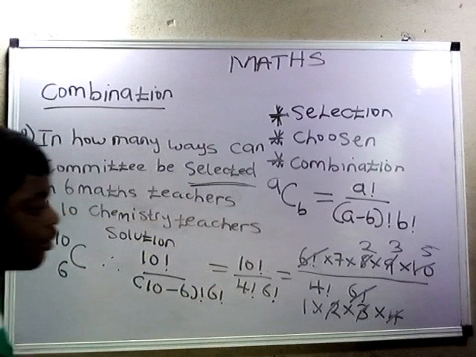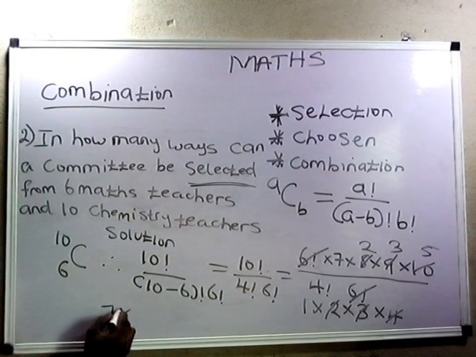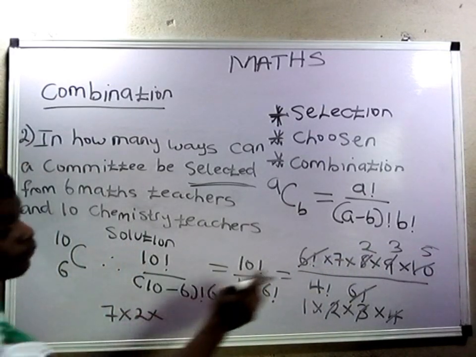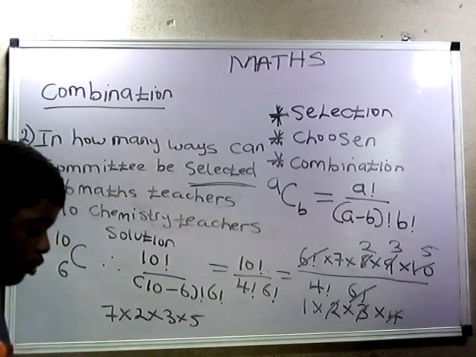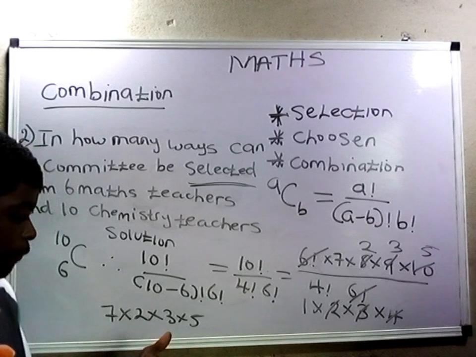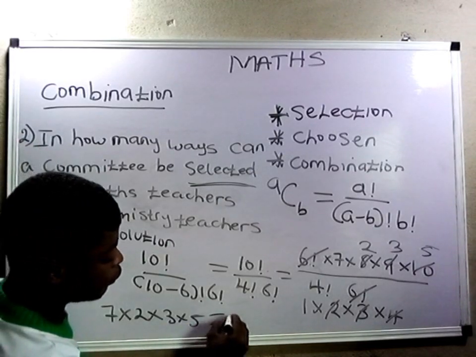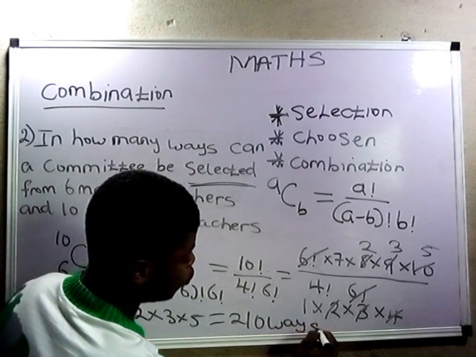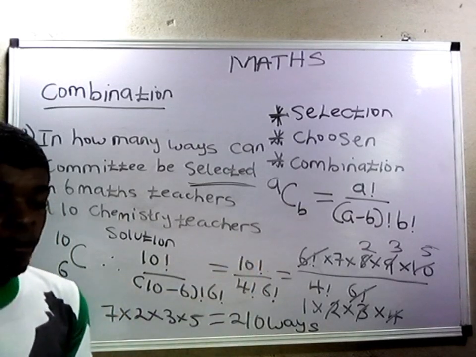We now have at the numerator 7 times 2 times 3 times 5. Using the calculator, 7 times 2 times 3 times 5 gives us 210. So the answer to this question 2 is 210 ways.